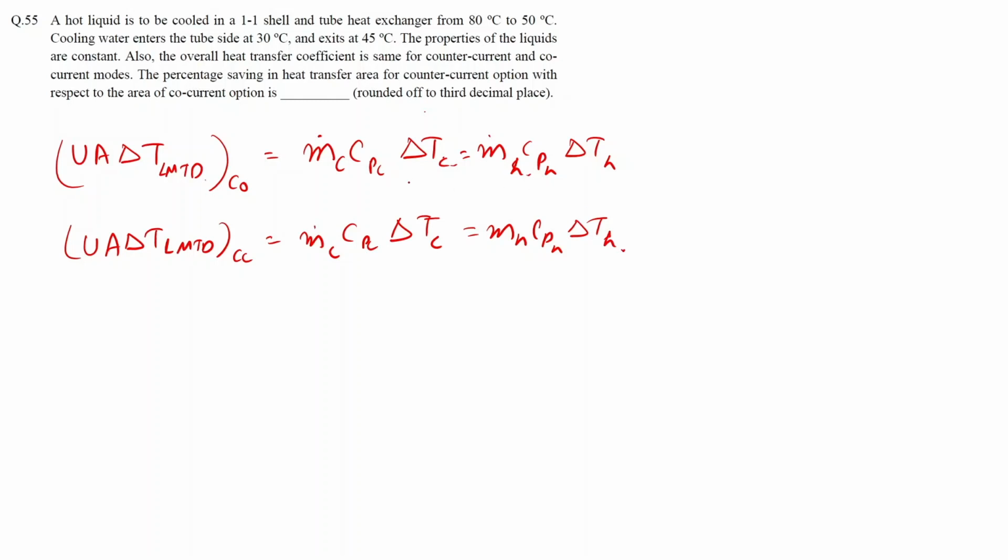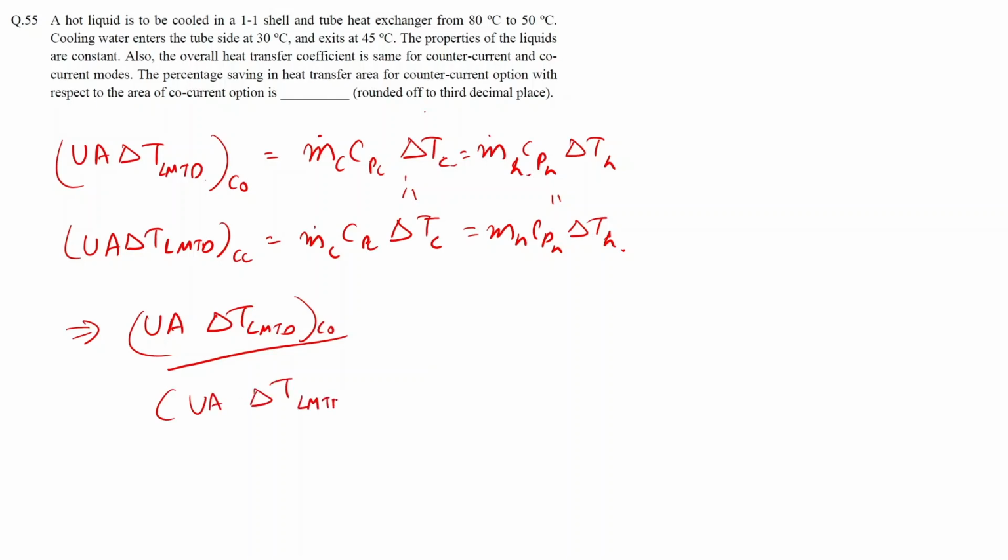So ultimately this term is equal to this term and this hot term will be equal to this term. And we can take the ratio of these equations and we can write it as UA delta T LMTD co-current flow upon UA delta T LMTD counter current flow.